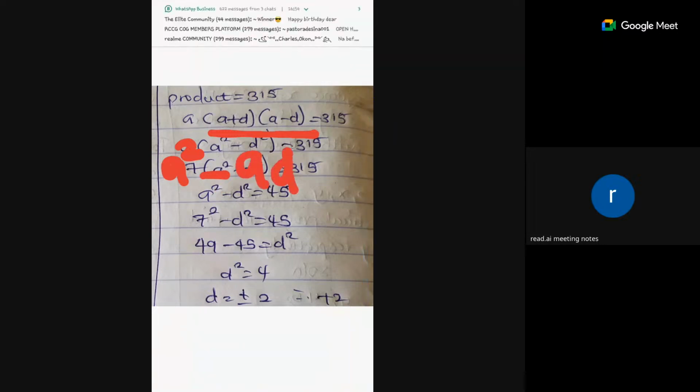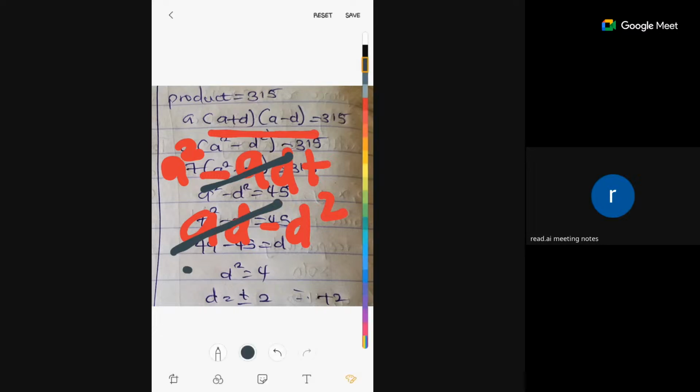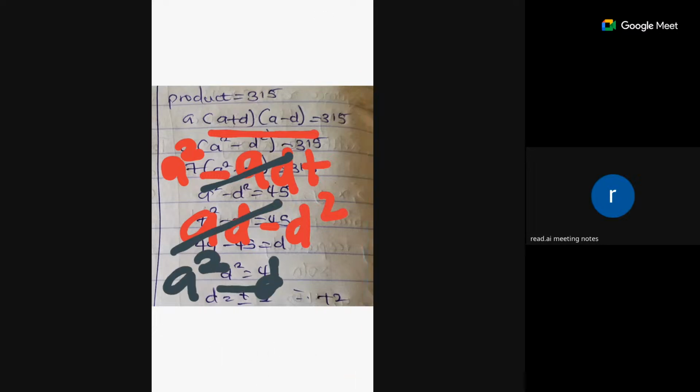So I'll first multiply this out. If I multiply this out, it's going to give me A square, plus minus AD, plus AD, minus D square. So minus AD cancels plus AD, so I'm going to have A square minus D square left.